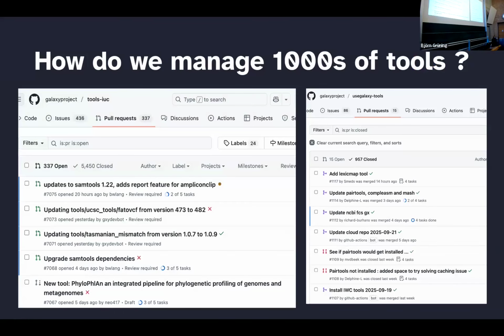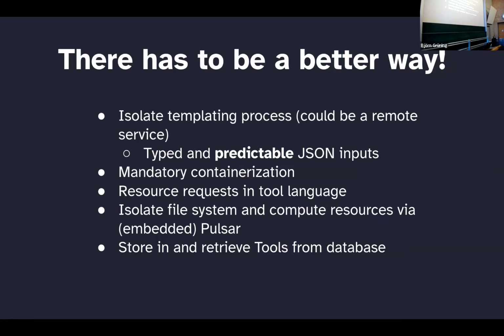I mentioned that currently we do this through the review process. So I think there has to be a better way. I think there is. We can isolate the templating process so that it doesn't have access to the database. We can require containers. We can use resource specification directly in the tool.